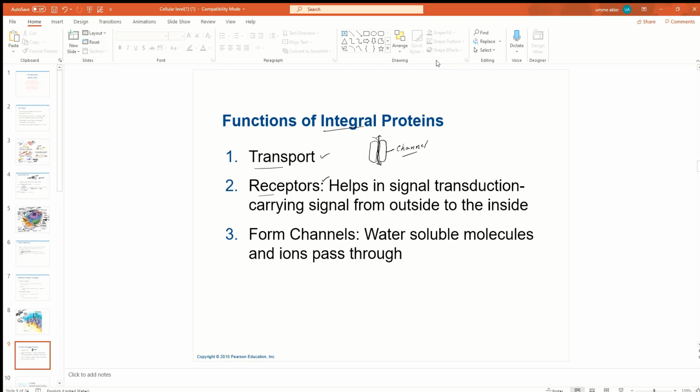Some integral proteins have a binding site like this. So what will happen?